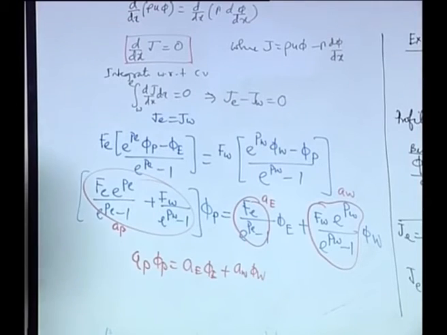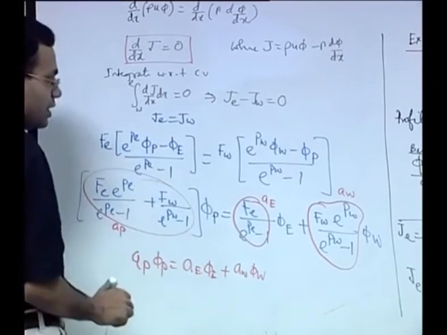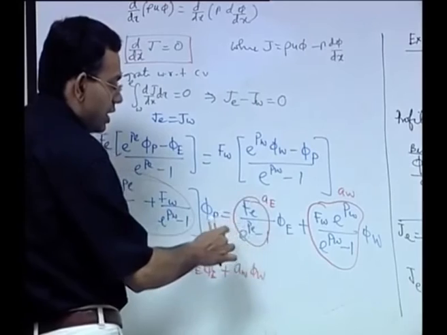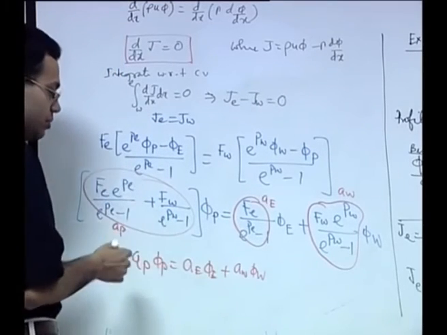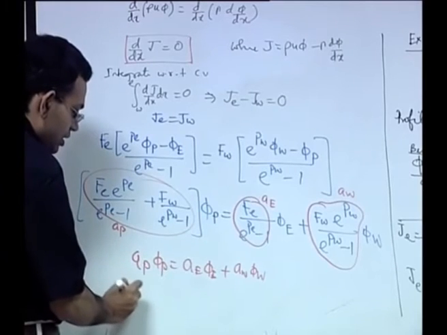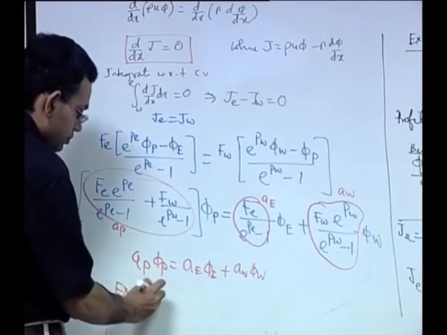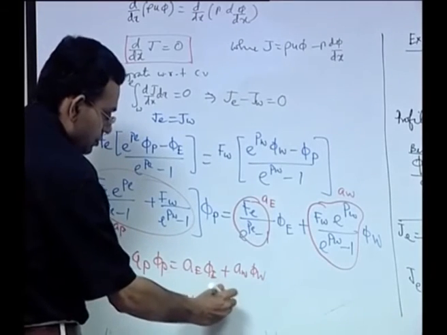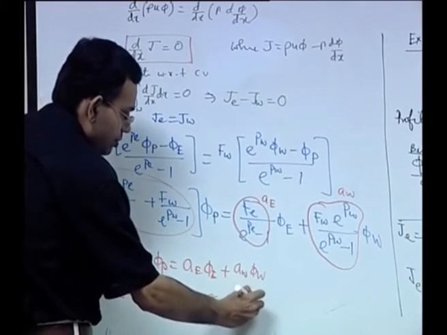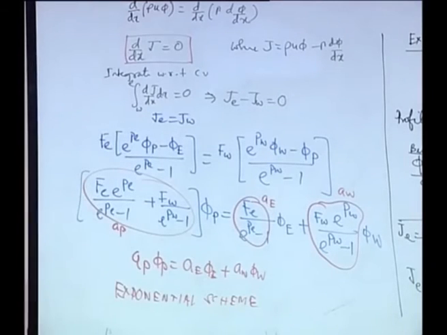So, this particular scheme where the coefficients are exponential functions of the cell based Peclet numbers is called the exponential scheme. The exponential scheme is a discretization scheme derived on the basis of the analytical solution of a simplified case, a one dimensional steady state problem.